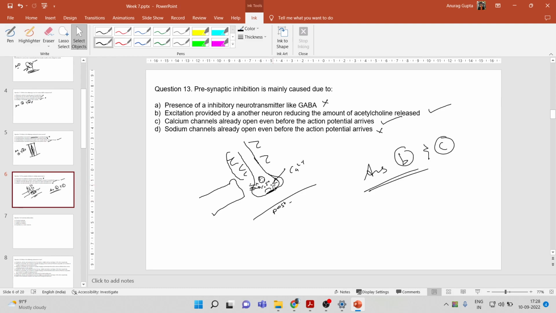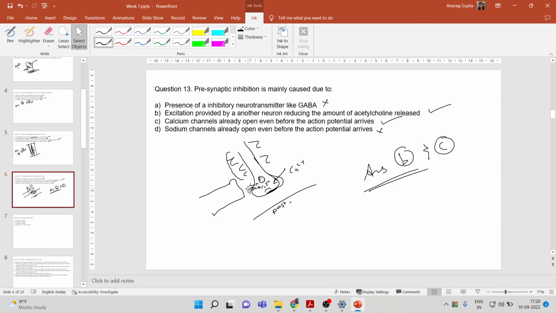I agree with that. But my understanding of this is that there can be two scenarios. Let's say these calcium channels are open, it ensures that these calcium channels are always open, so that level of influx of calcium is always there.